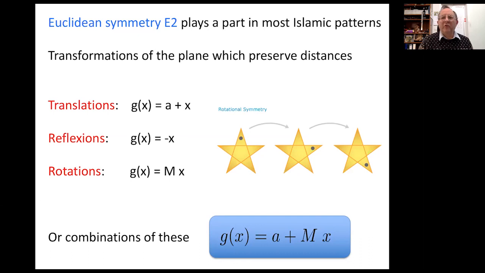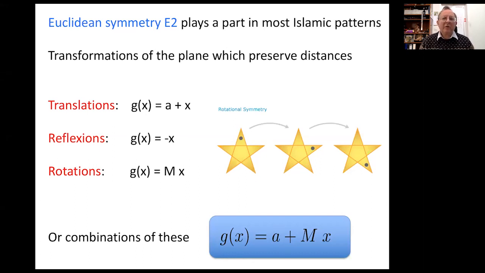The simplest operation would be a translation, or you might have some sort of reflection, or some sort of rotation, or the general member of the Euclidean group would be some combination of all of these. So that's how these pictures were produced.